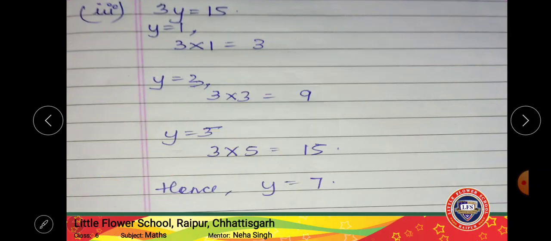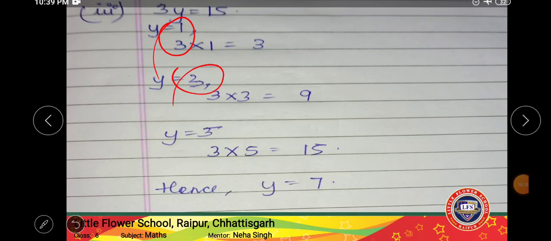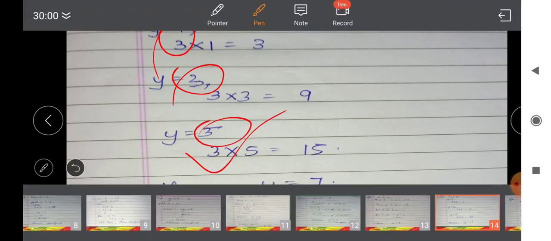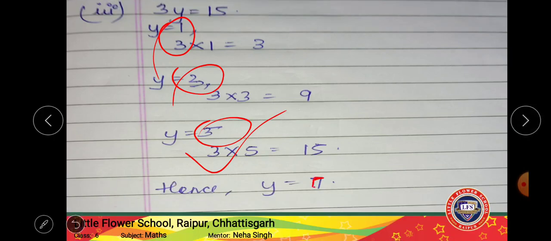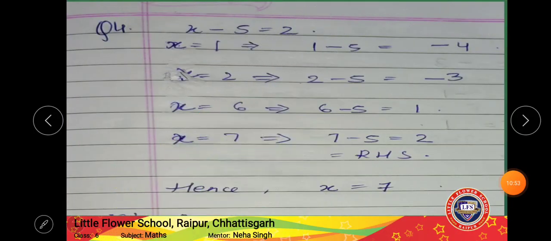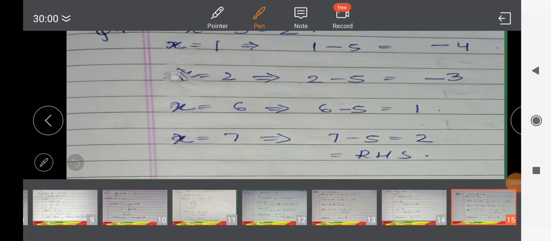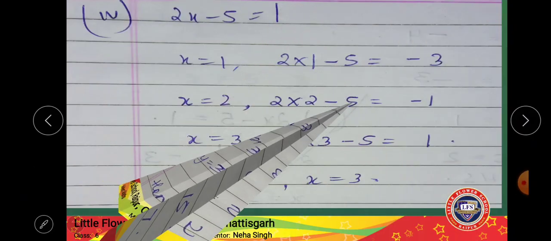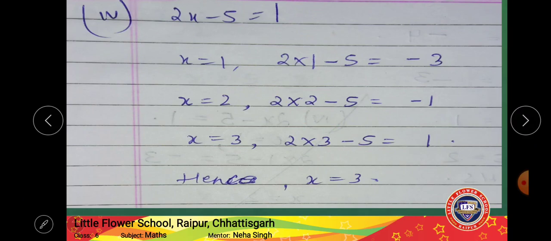See now, the third question, 3y equals 15. Again putting y as 1, 3, 5, we are getting the answer at 5. So the solution is y equals 5. Okay, next, 2x minus 5 equals 1.